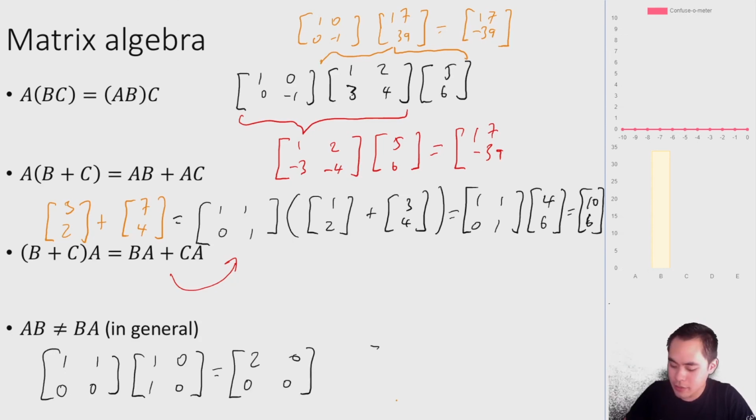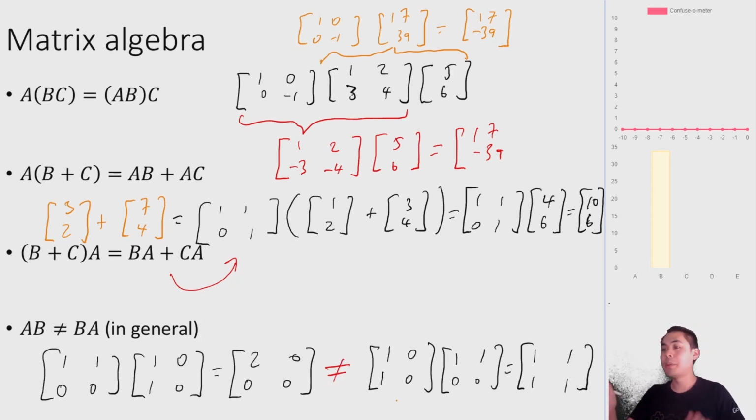On the other hand, if you do it in the other order, that's going to be equal to [1, 1; 1, 1]. And these are not equal. So make sure you remember that most properties are similar, but AB is not equal to BA. Sometimes they'll occasionally happen to be the same, but usually they're not equal.